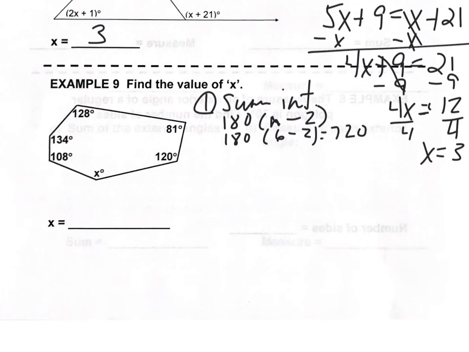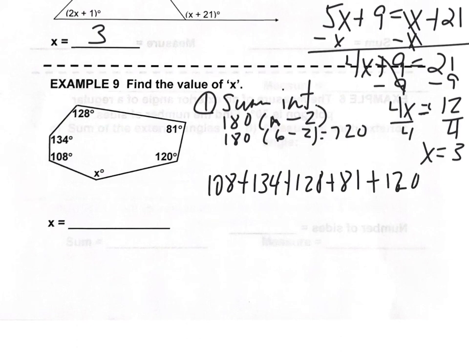If we add these together, 108 plus 134 plus 128 plus 81 plus 120, what does that equal? 571.